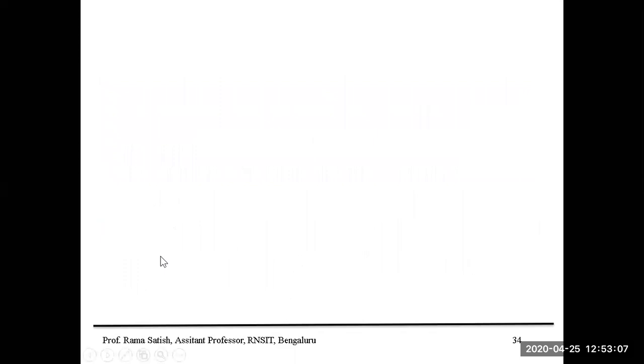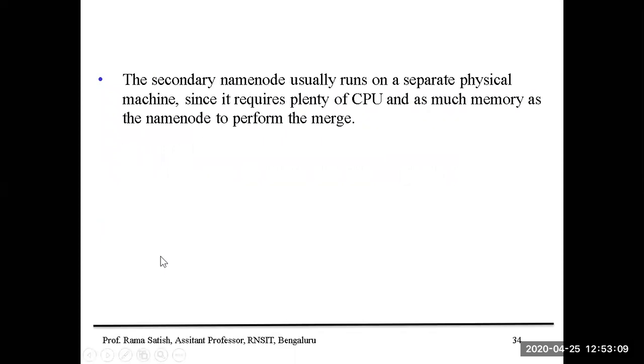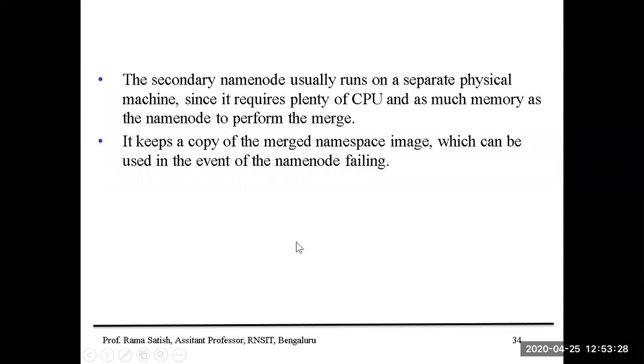That is one very important thing that you should observe. The secondary name node usually runs on a separate physical machine, since it requires plenty of CPU and as much memory as the name node to perform the merge. It keeps a copy of the merged namespace image, which can be used in the event of main name node failure.